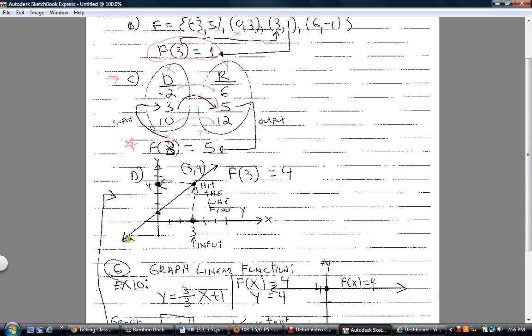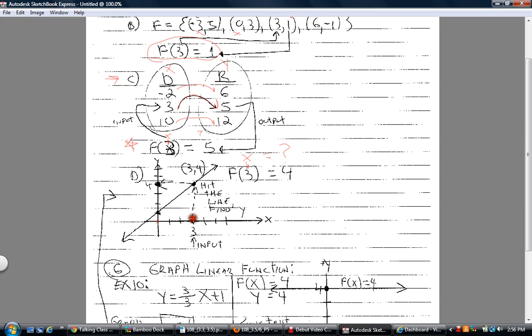Now here we go. We now have a line. Okay, now what's interesting, they go, what will f of 3 be? When x is 3, what's the output? Now here's how you handle these. Here's your origin down here at 0, 0. Find when x equals 3. 1, 2, 3, x equals 3.